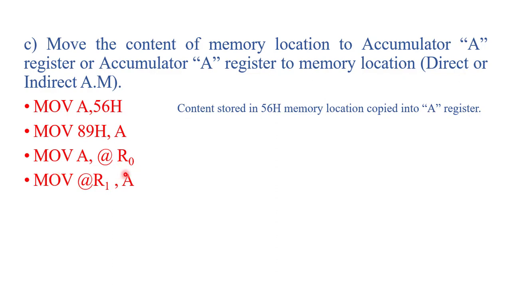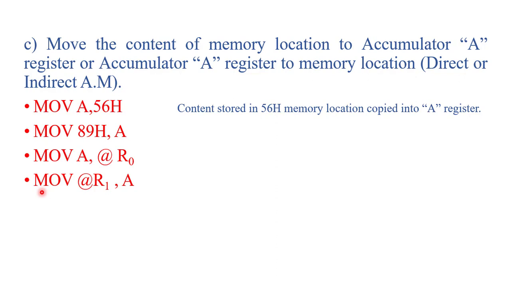This instruction tells that the data which is stored in a particular memory location whose address is given in the R0 register. I will explain once again. This instruction is MOV A, @R0. Here @R0 indicates that this is the example of indirect addressing mode, and this instruction tells that the content stored in a particular memory location whose address is mentioned in the R0 register is copied into the accumulator register.